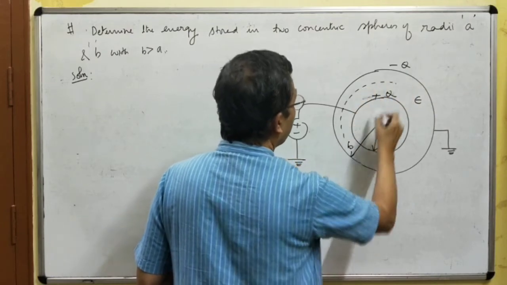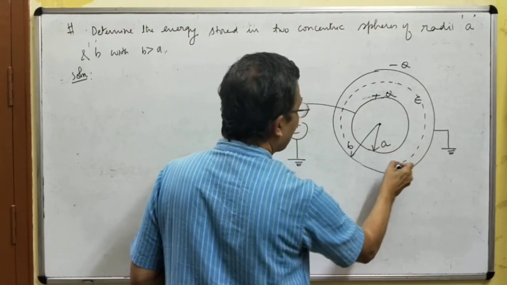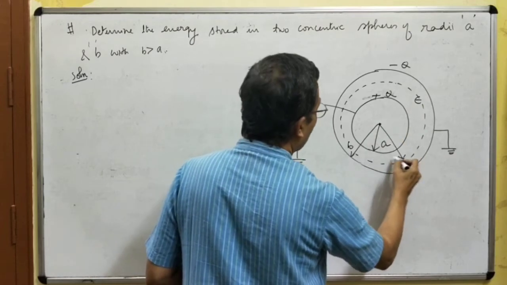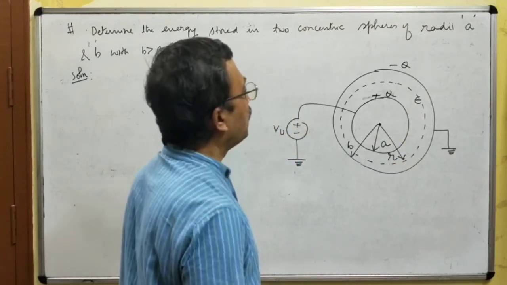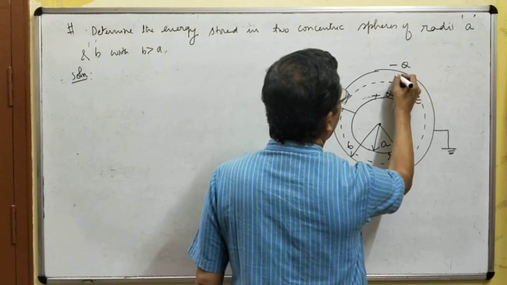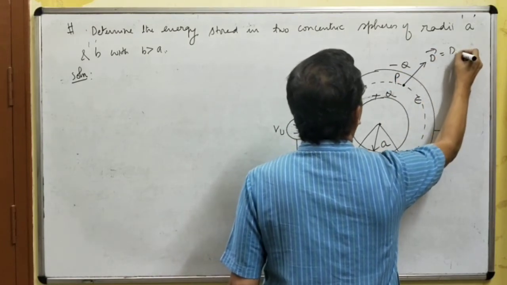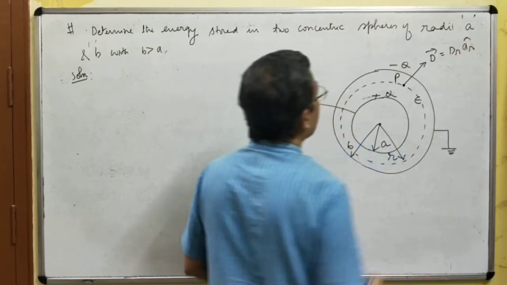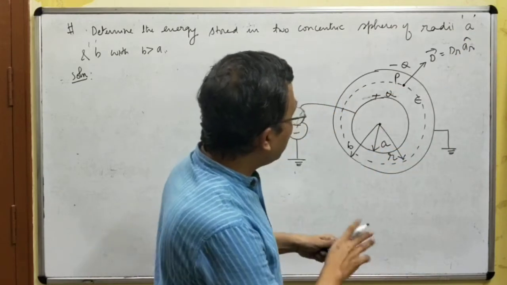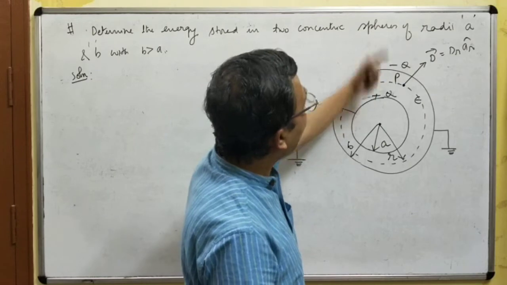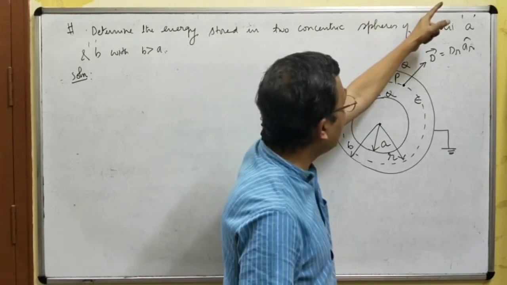So, I have taken a Gaussian sphere of radius equal to r between the two spheres. This is the point of interest. If you keep 1 coulomb charge, it will be repelled. What is vector d? D r into r cap. If you keep 1 coulomb charge, the inner sphere will repel it, the outer sphere will attract it. Therefore, it will move in the radial direction.